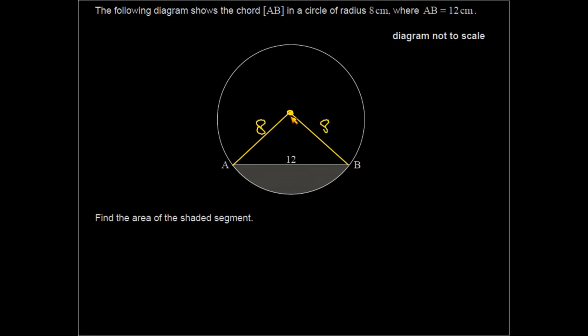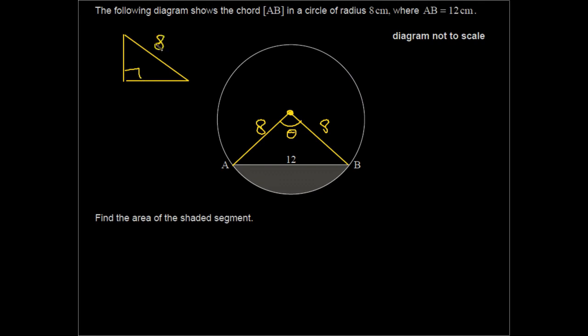Now, the plan is to work out the area of this sector here, and then work out the area of this triangle, and then do the area of the sector, subtract the area of the triangle, which will give me the shaded area here. In order to do this, I'm going to need to know what this angle is here. I'm going to call that theta, and we need to work that out. The way I'm going to work that out is I'm going to do a right angle triangle half the size of this. The right angle triangle will be like so. This will be a right angle here.